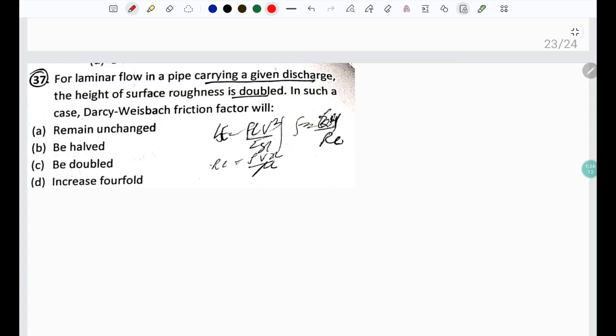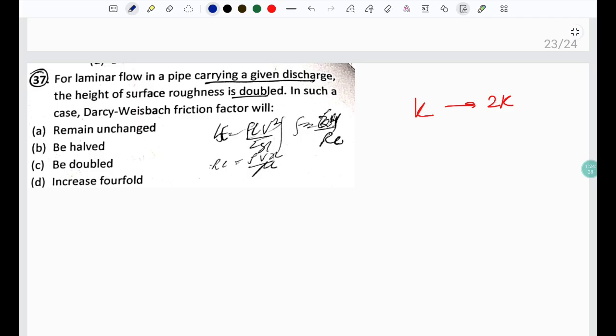Here is another question, an important one rather, which helps you to understand the difference between two chapters, laminar flow and the turbulent flow, which unfortunately I did not revise well. But here's the question, which says that for laminar flow in a pipe carrying a given discharge, the height of the surface roughness K is doubled to 2K, and in such case how will the Darcy Weisbach friction factor be changed?